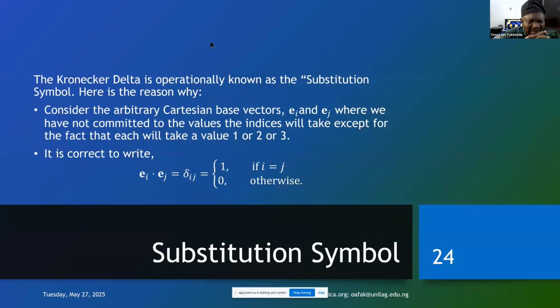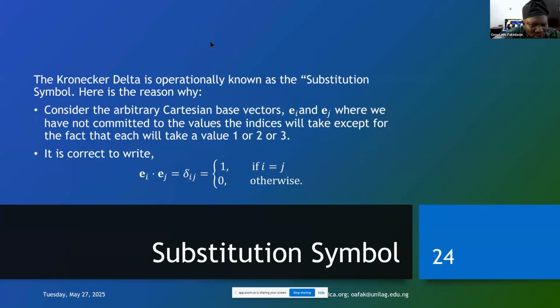We have not committed to the values of the indices, except that each index will take 1 or 2 or 3. So e_i can be e_1, e_2, e_3. e_j can be e_1, e_2, e_3. What we are saying is that e_i here can be i, j, or k of your old way of thinking, and e_j also could be i, j, or k. It could be any of them.